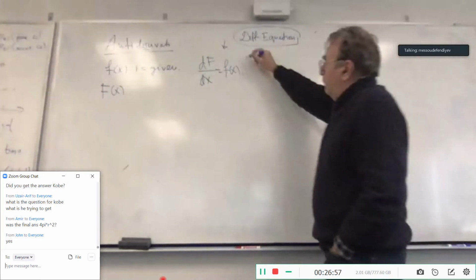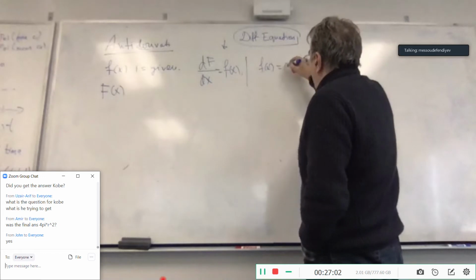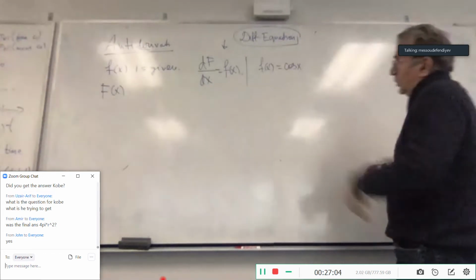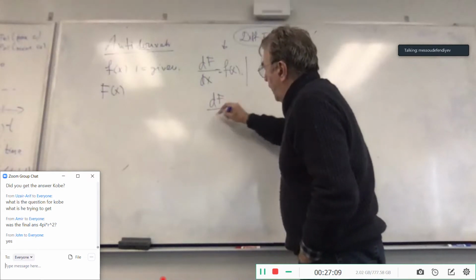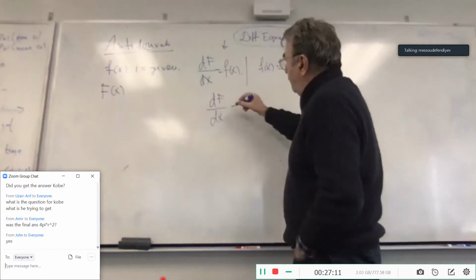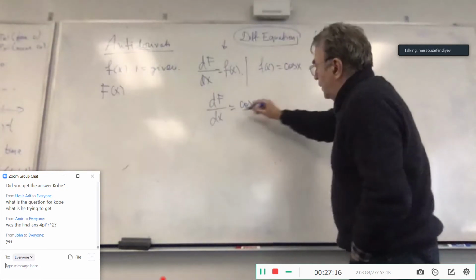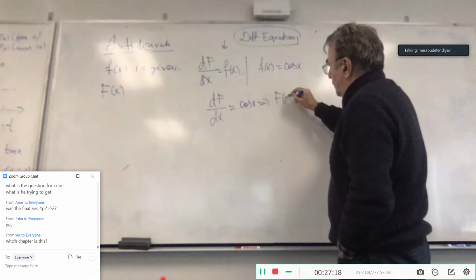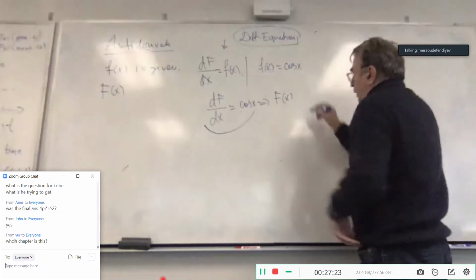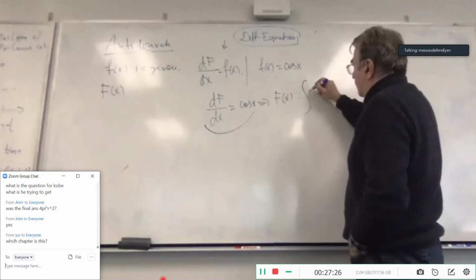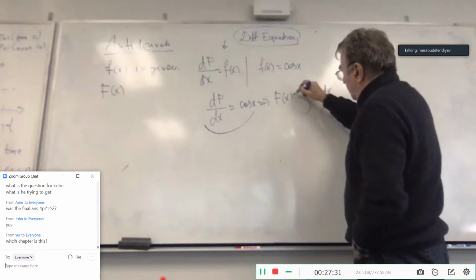We know that if you have f of x, say the cosine of x, then we have to solve for the f of x. We have to find the function f whose derivative is cosine x. Of course, we know the answer. In order to find the solution of this equation, because this is our goal, we have to just integrate the right-hand side: the integral of cosine x dx.